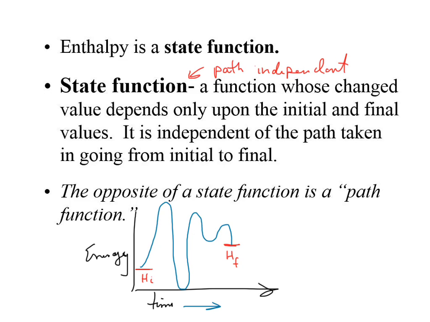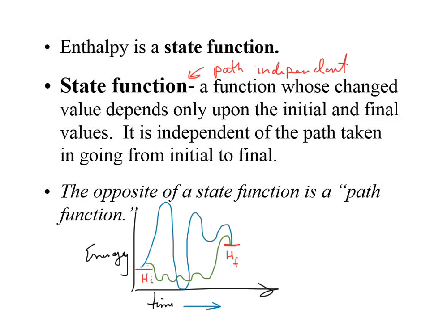There's my blue line, my blue scenario, my blue path. And here's my other path. I'm going to say it started here. Here's my green. And it went down, and it stayed down, and then it went up like that. So I have a blue path and a green path.